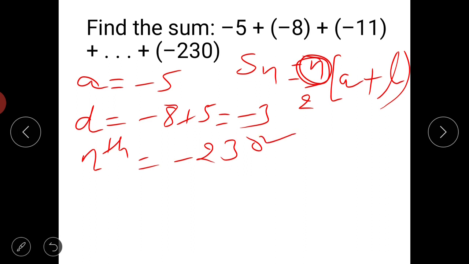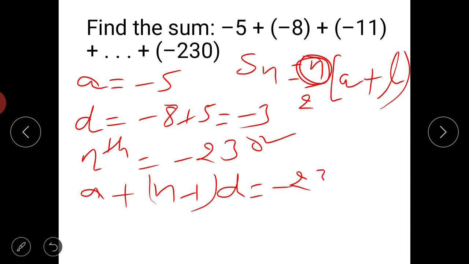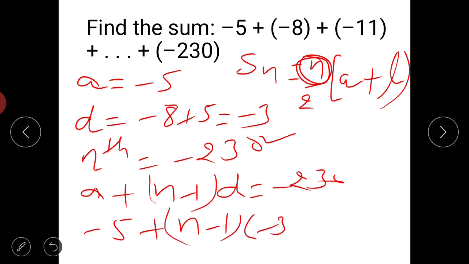The nth term says a plus n minus 1 into d is equal to -230. So -5 plus n minus 1 into -3 is equal to -230.